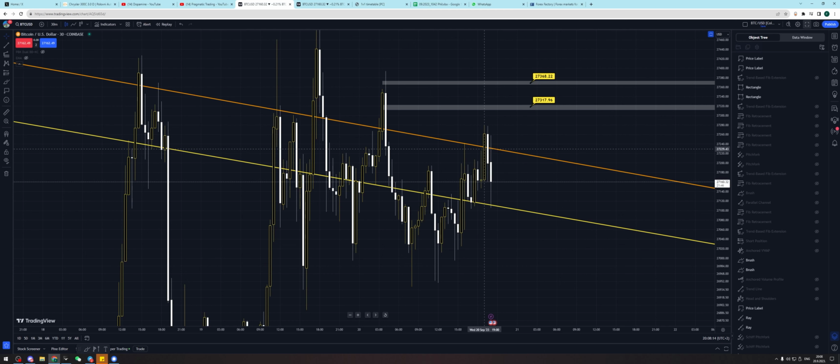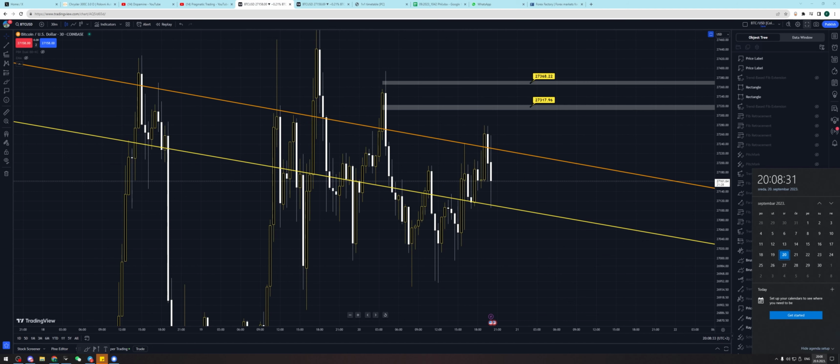And what do we have? Well, we have typical liquidations above and below. Price is still in between these trend lines, and to be honest, I doubt price will go up above this trend line or below the trend line before the conference, right?